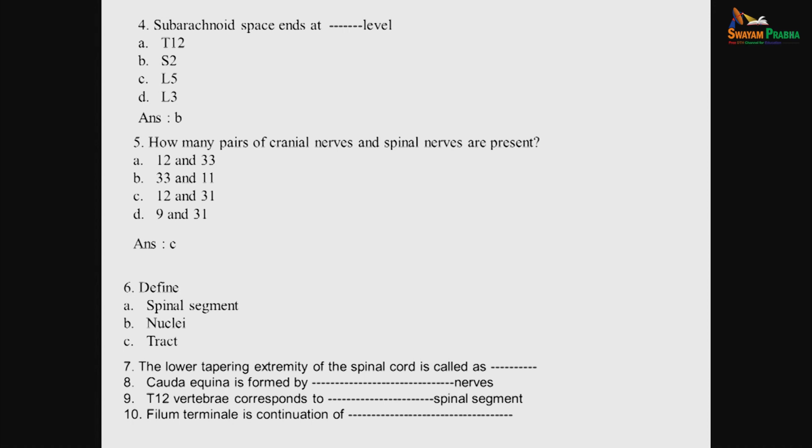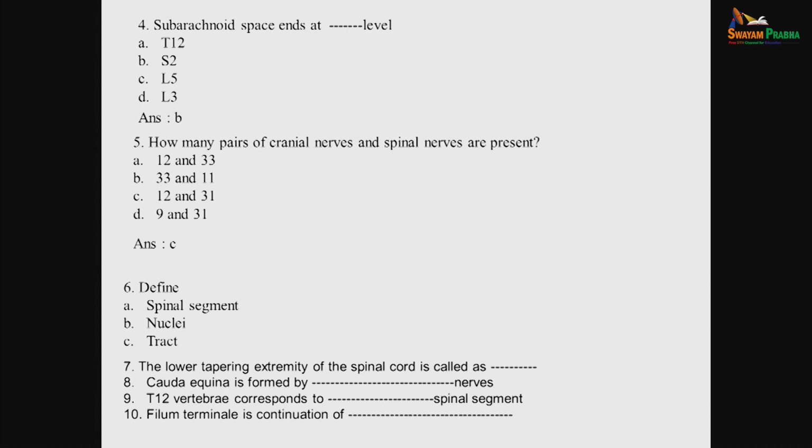Next we talked about the cauda equina. So the cauda equina is formed by which nerves? The lower 4 pairs of lumbar nerves, 5 pairs of sacral nerves and 1 pair of coccygeal nerves. Next question: the T12 vertebra corresponds to which spinal segment?